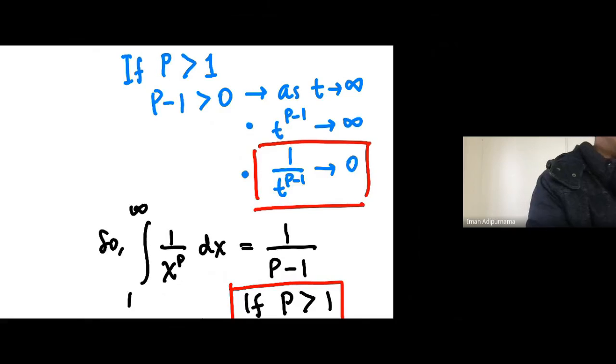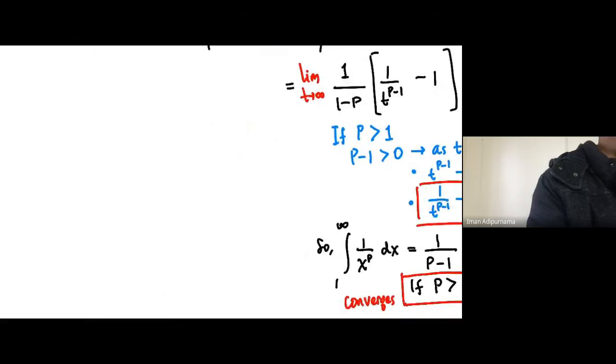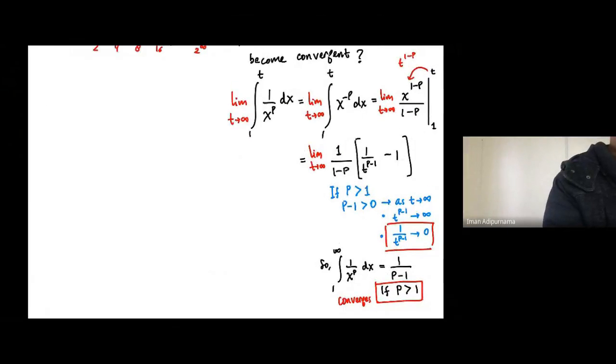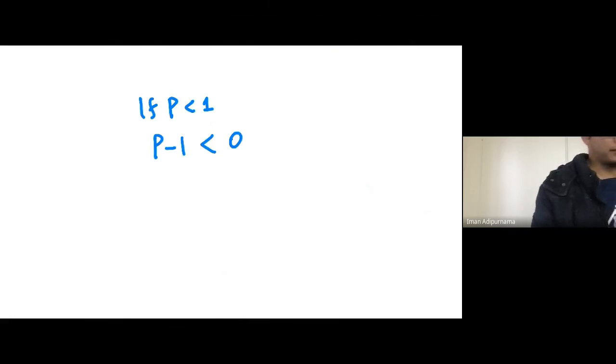Okay, so let me just write the case p less than 1. So if p is less than 1, then p minus 1 is less than 0. So if we have 1 over t to the p minus 1, we can make it t to the 1 minus p, right?